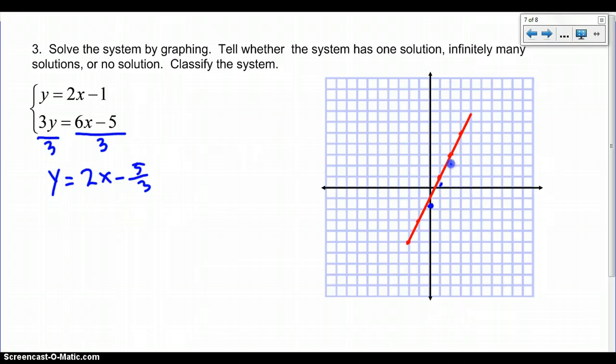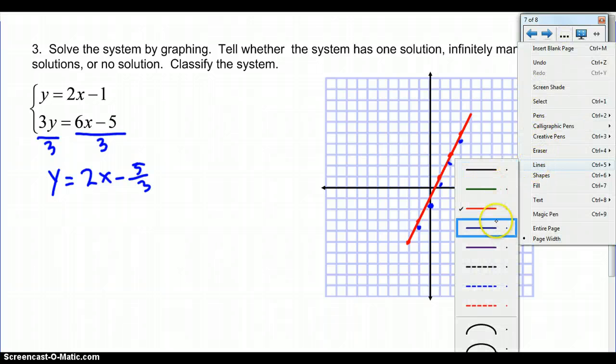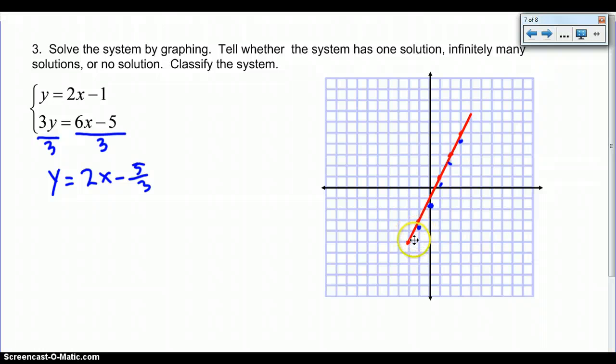Now, if you're really thinking about this, what you might already have noticed before I even started sketching this line was that the two equations had the exact same slope but different y-intercepts.